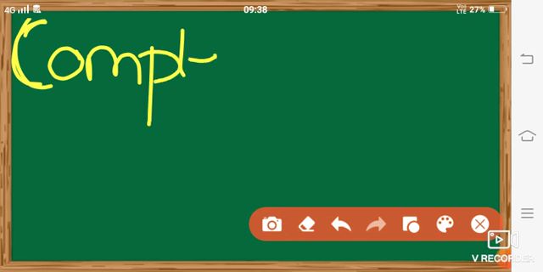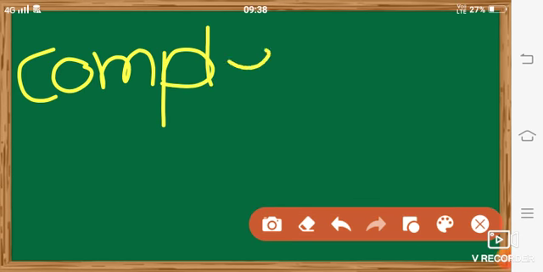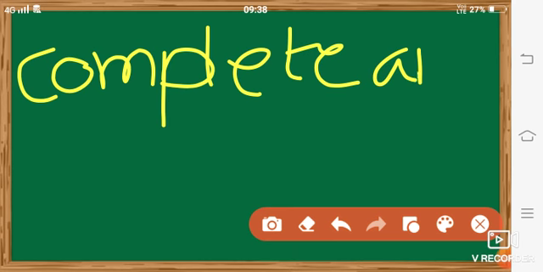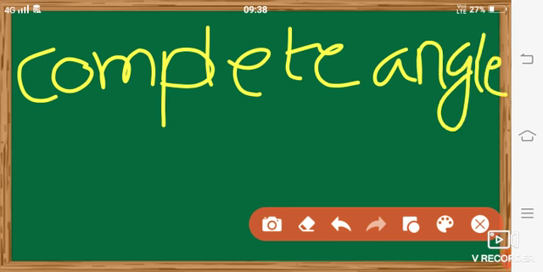Next one is the complete angle. A complete angle is nothing but 360 degrees.